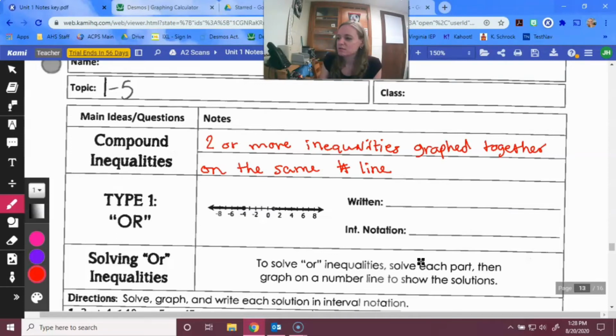So if we write it in set notation, we would say x such that x is less than or equal to -4. This is an or statement when we have two different directions. Or x is greater than 1. And then we close the bracket.